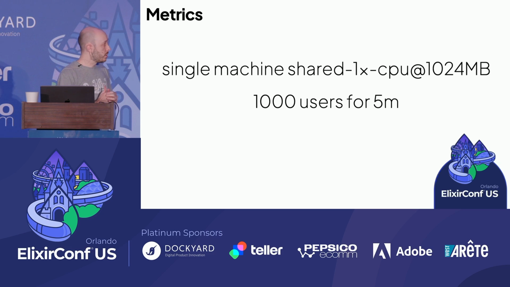And that test, I'm running for 5 minutes with up to 1,000 users. So what I'm trying to do here is to break the server and see how LiveView and Beacon handle that situation.